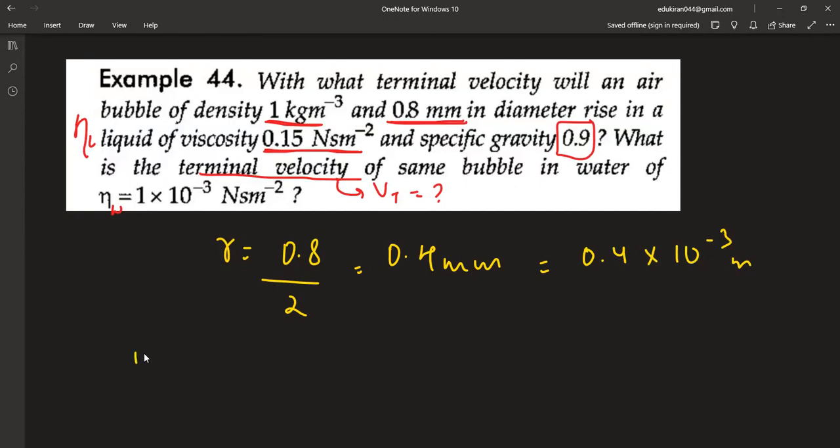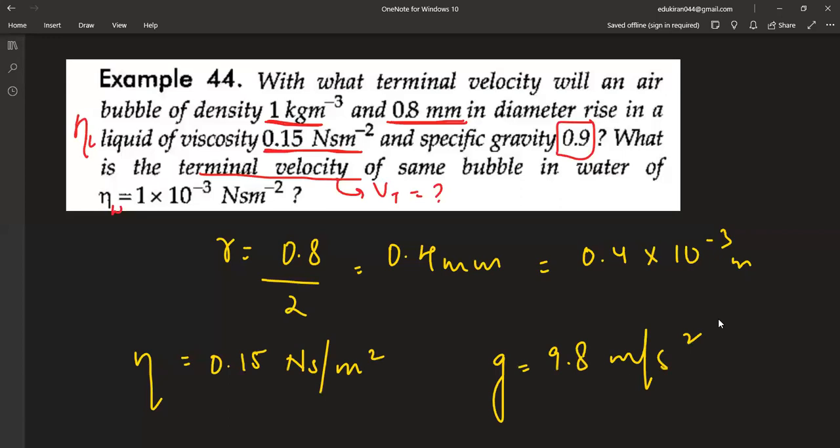Fine. Coefficient of viscosity is 0.15 Newton seconds per meter square for the liquid. Acceleration due to gravity, you will take it as 9.8 meter per second square.